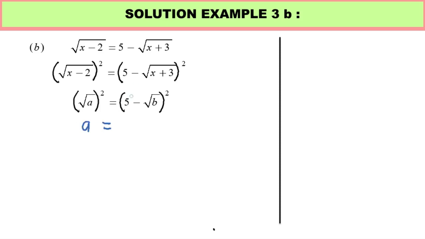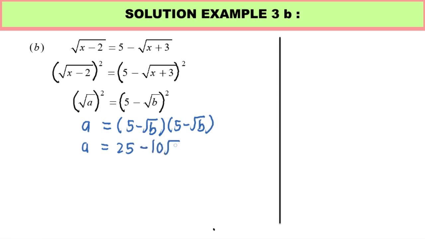But since we have 2 terms on the right hand side, we're going to expand this bracket. Then by expanding this bracket, I'm going to have 25 minus 10 surd b plus b.